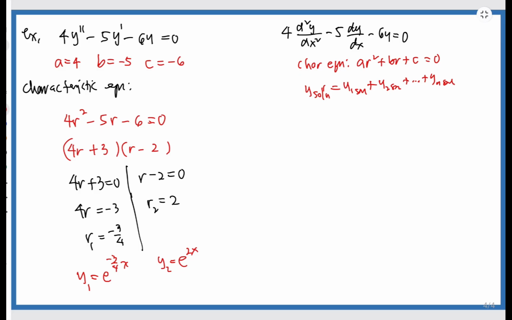If there are several solutions, the sum of those solutions is also a solution. Therefore, the general solution is y equals y1 plus y2, so y equals e to the negative 3/4 x plus e to the 2x.